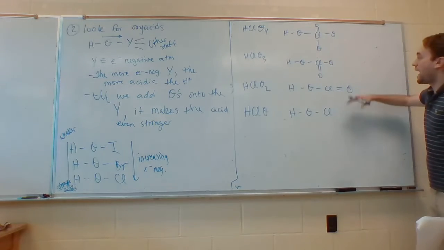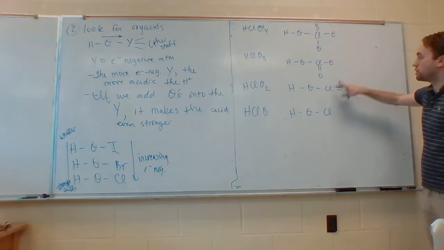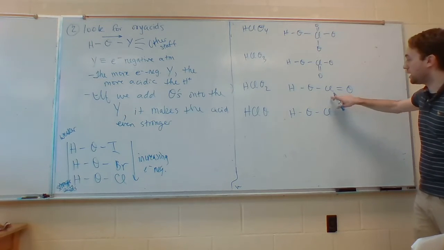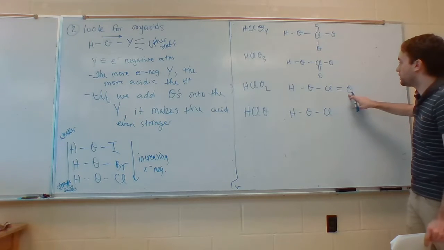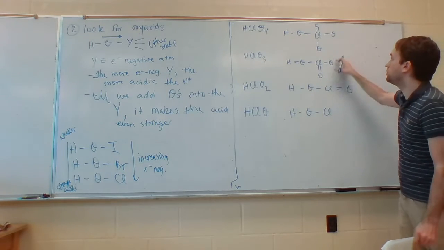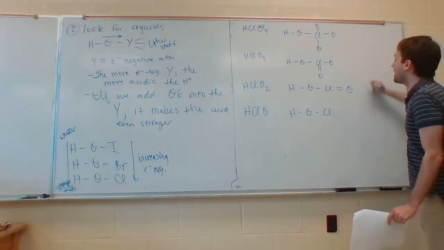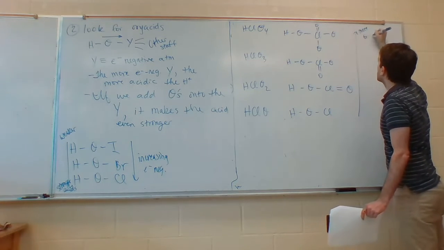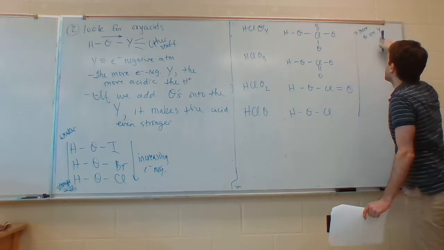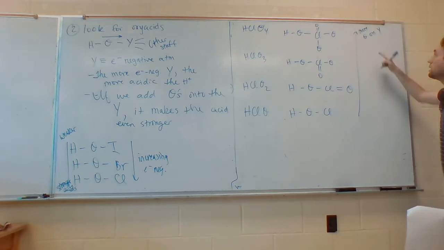Okay, so as I add more oxygens to that electronegative element, right? So I had 0 that I've added. I've got 1, I've got 2, I've got 3. So as I add more oxygen, okay, so I've got more oxygen on my electronegative element, okay?